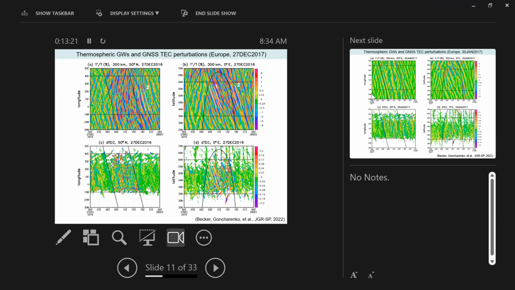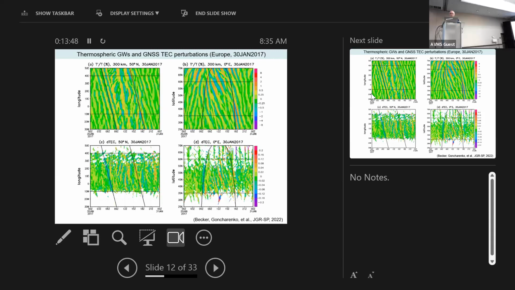This is for December 27, a time when we had quiet time conditions, and you see in this latitude-time section the southward propagation of these gravity wave perturbations, and that the wave characteristics in terms of frequencies or phase speeds and wavelength agree very nicely with what you see in the DTEC.